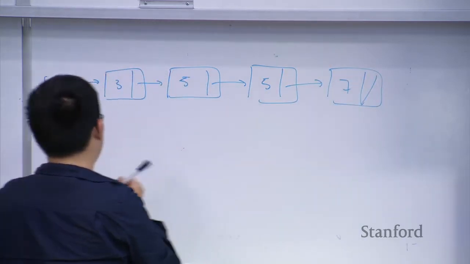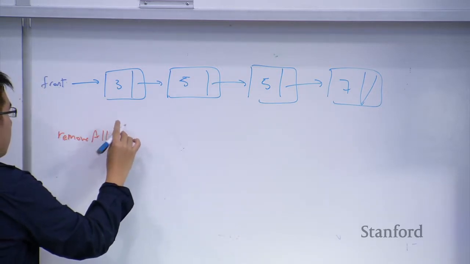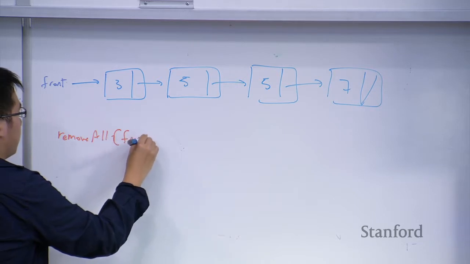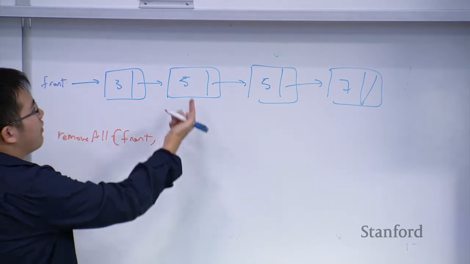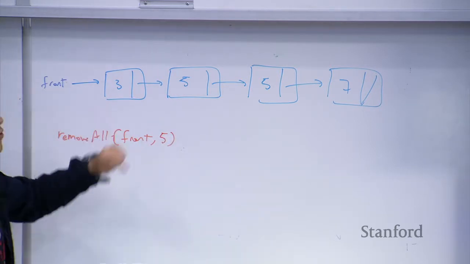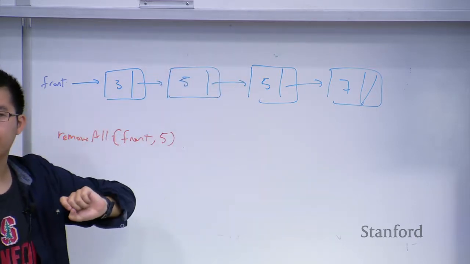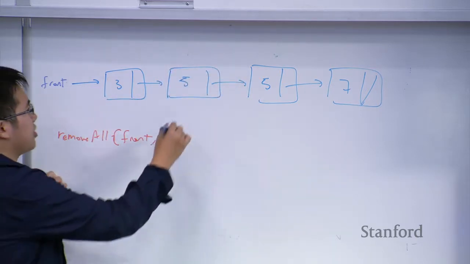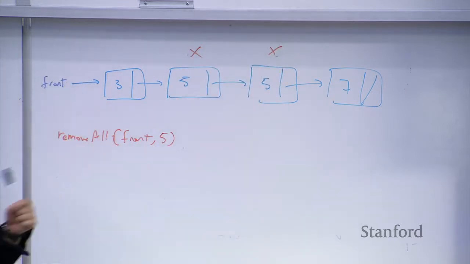And then a call to removeAll of front, and we give it a value 5. What this should do is go through front and remove all the nodes with 5 in them. So in this example, you want to remove this one, you want to remove that one, and you want to make sure the rest of the links stay correct.